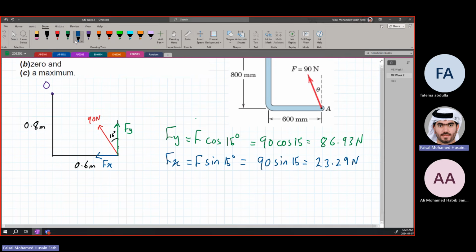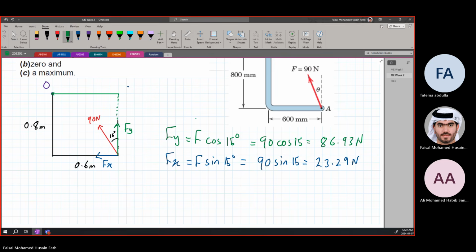Now we need to know the perpendicular distance for each. For Fy, the perpendicular distance is this distance from O up to here, which is equal to 0.6 meters, as you can see at the bottom.